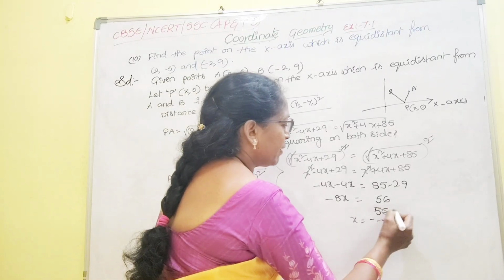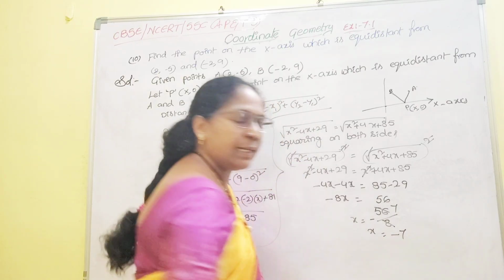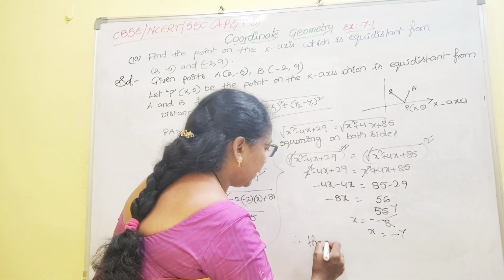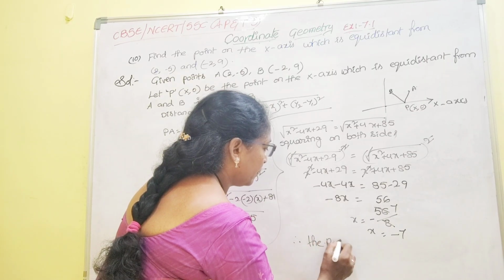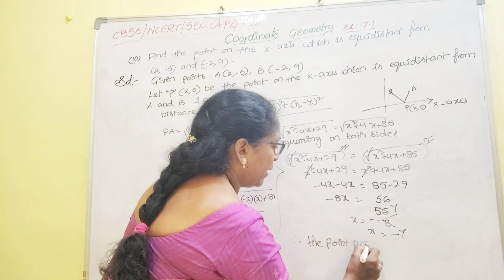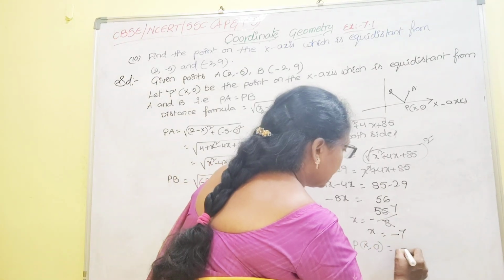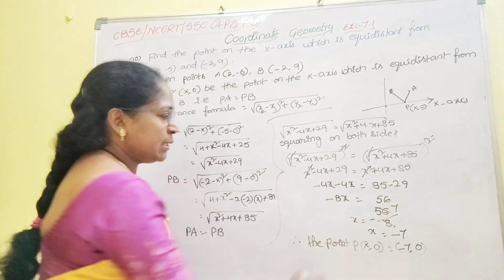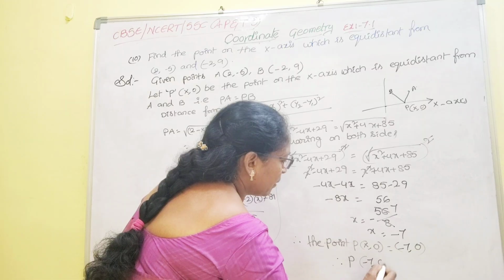So x equals 56 divided by minus 8, and 8 sevens are 56, so the x value equals minus 7. Therefore, the point P of x comma 0 equals minus 7 comma 0.